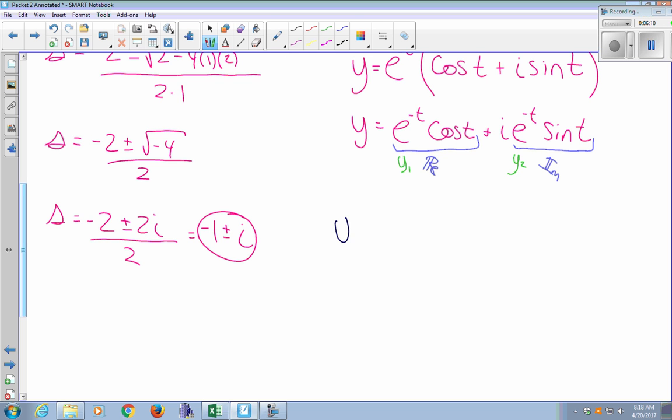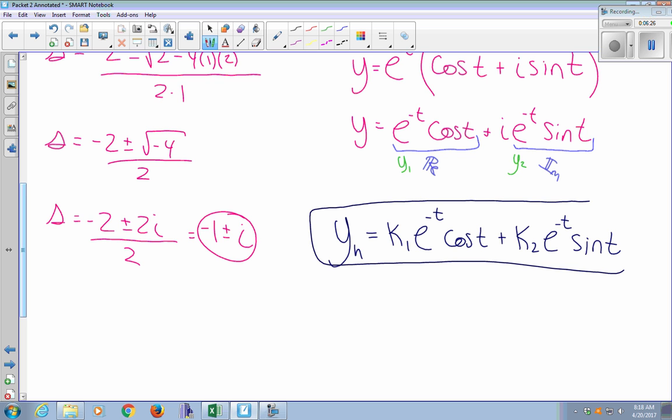So my solution to the homogeneous, I'm going to write y homogeneous, is k1 e to the negative t cosine t plus k2 e to the negative t sine t. And we're only about halfway through the problem. We've only solved the associated homogeneous equation so far.